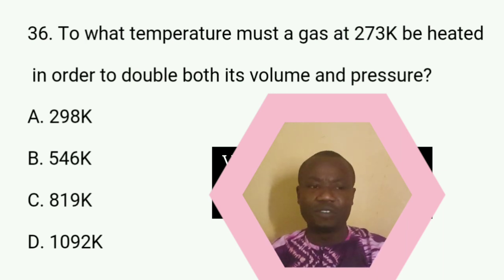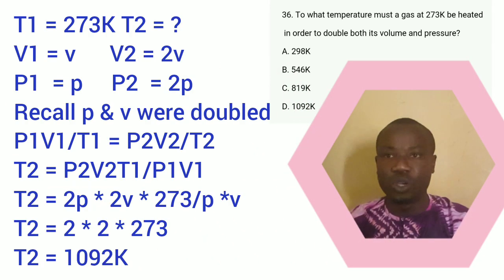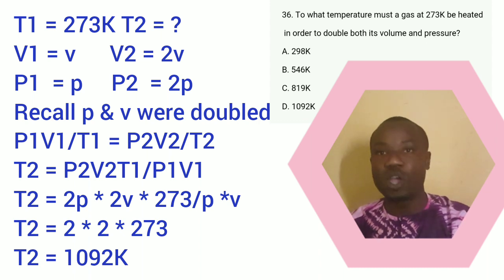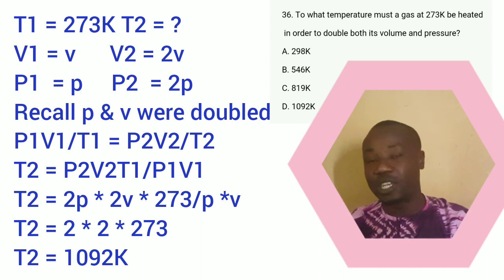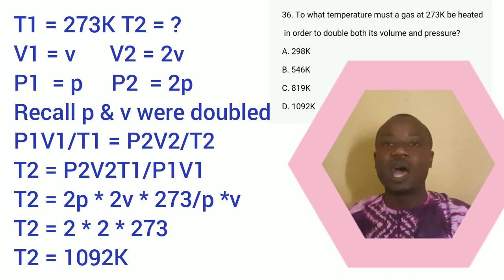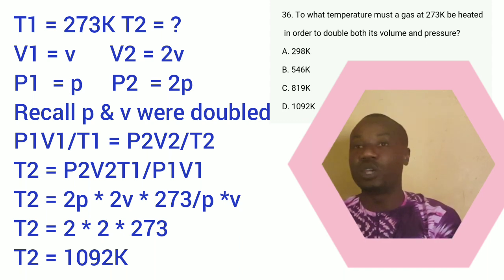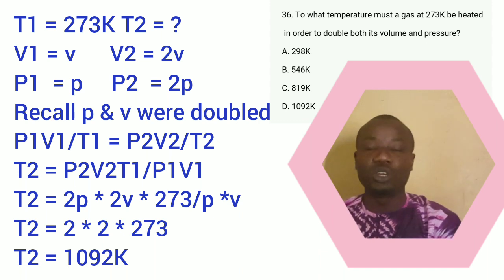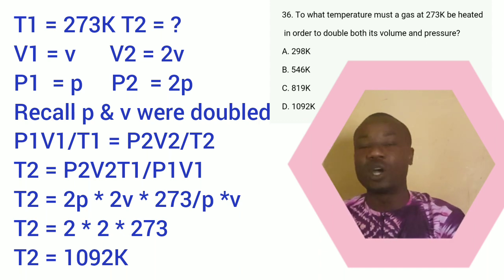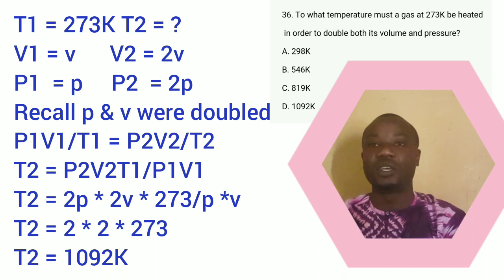But we have a statement saying double. So your V1 equal V, while your V2 equal 2V. That is the implication that it is doubled. And your P1 equal P, while your P2 equal 2P.